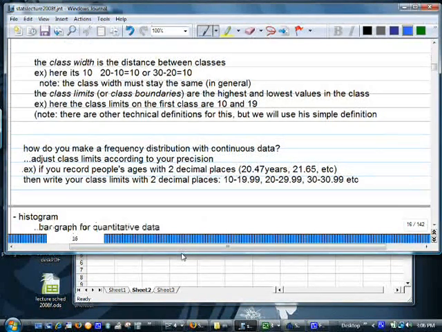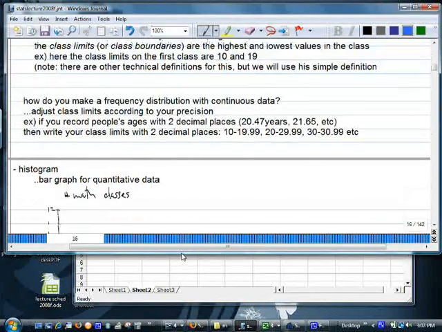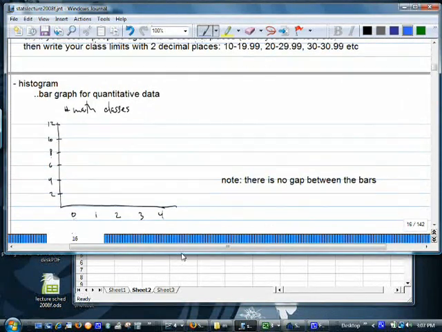So let's actually make a bar graph for the number of math classes. How do we do that? How many people took one math class? 11.